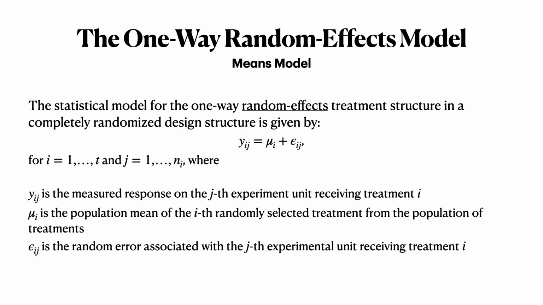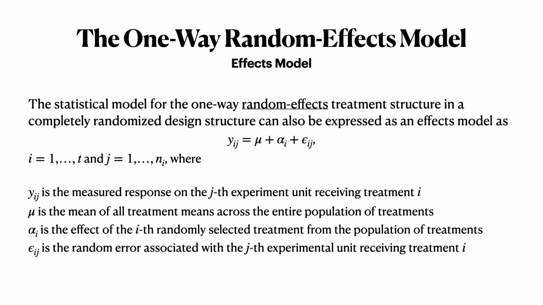Again, y sub ij is the measured response on the jth experimental unit receiving treatment i, but in this model, mu sub i is the population mean of the ith randomly selected treatment from the population of treatments. And finally, epsilon sub ij is the random error associated with the jth experimental unit receiving treatment i. This representation of the one-way random effects model is called the means model representation.